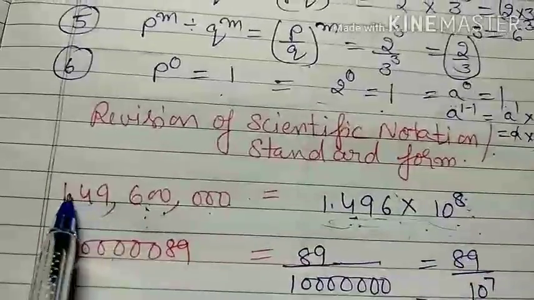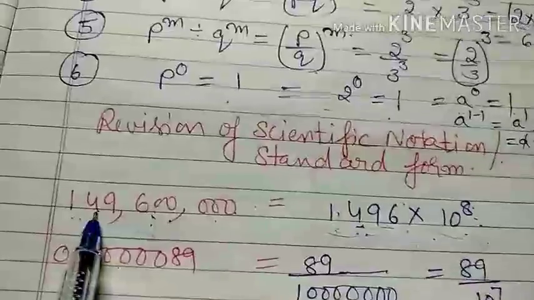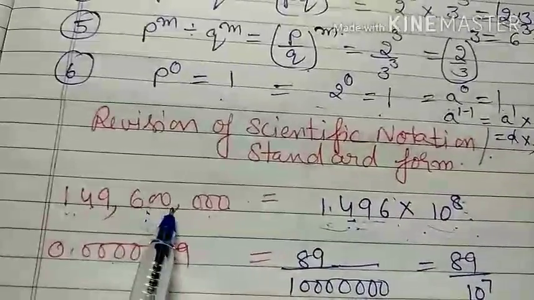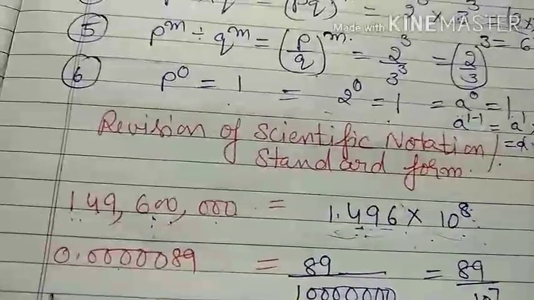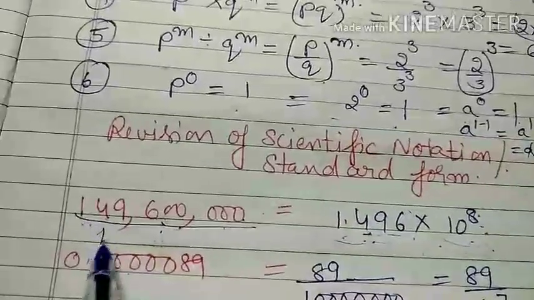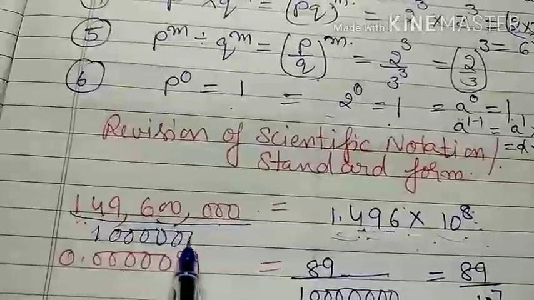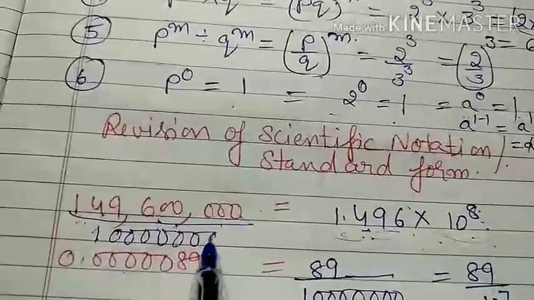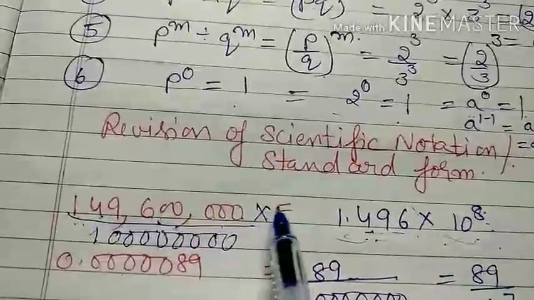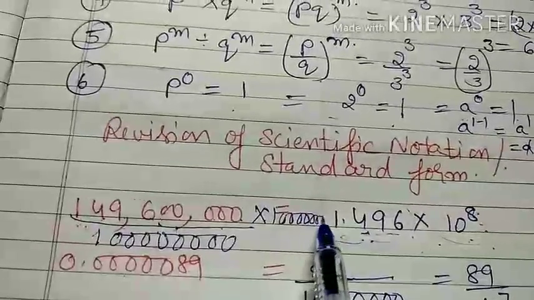So I leave one digit and count how many digits are there: 1, 2, 3, 4, 5, 6, 7, 8. Then 8 digits are there. That means I have to divide with a multiple of 10 with 8 zeros, and also multiply the numerator with 8 zeros.